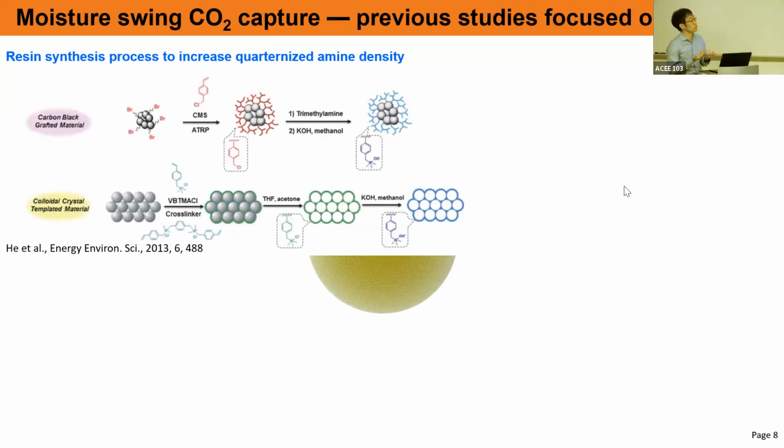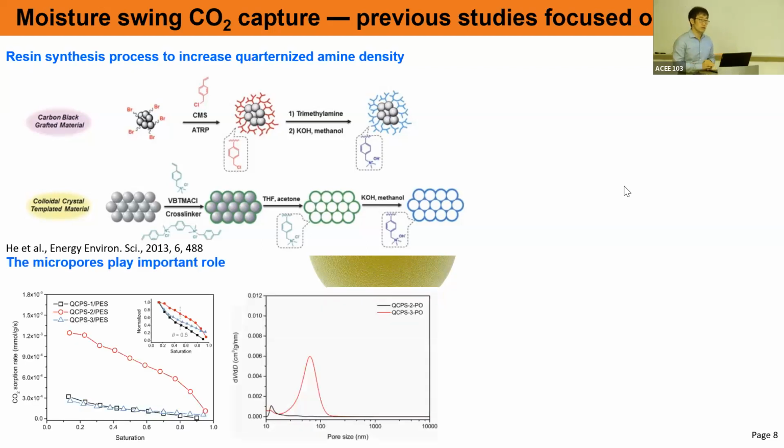The earliest works start from 2013, and then people found new ways to synthesize the polymer with super high surface area. They have a lot of branches and a lot of surface functional groups, and that indeed works. People also found that if they have a pore size of about 10 nanometers, it works for moisture swing carbon capture, but if they have a pore size of about 100 nanometers, it doesn't work.